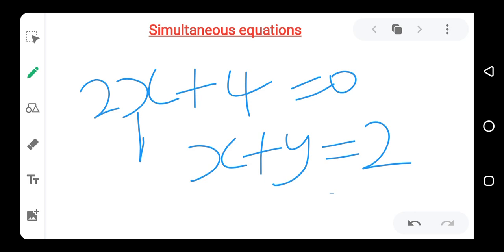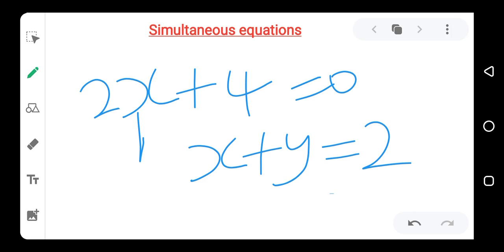When you are doing two or more things together at the same time, you say that you are doing them simultaneously. So in simultaneous equation, we are solving two or more unknowns at the same time.